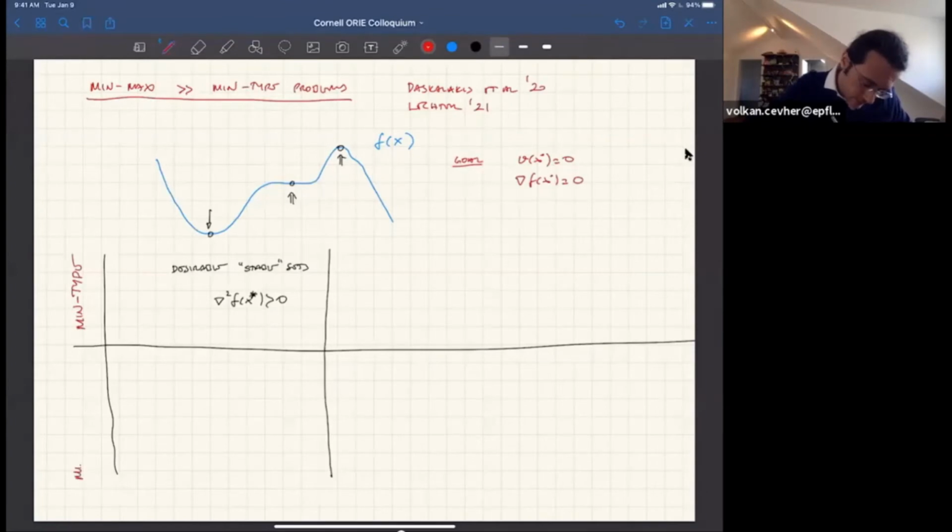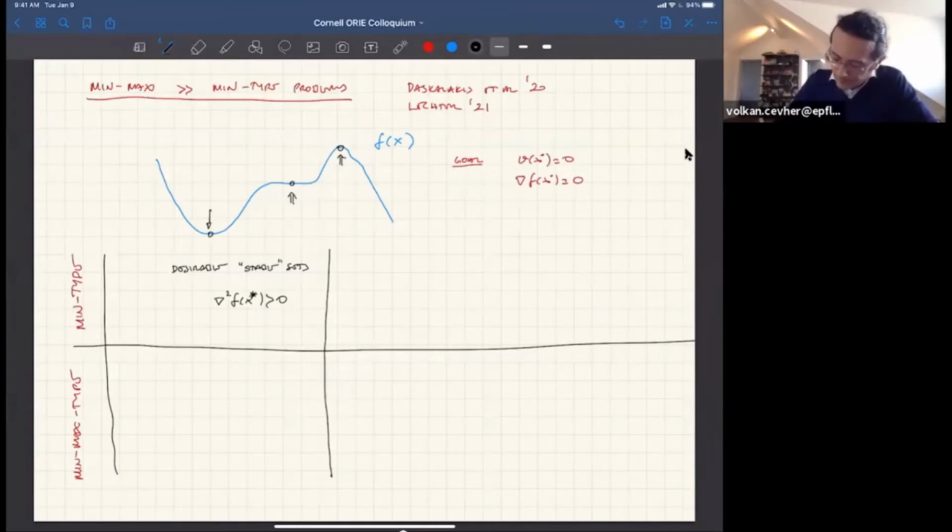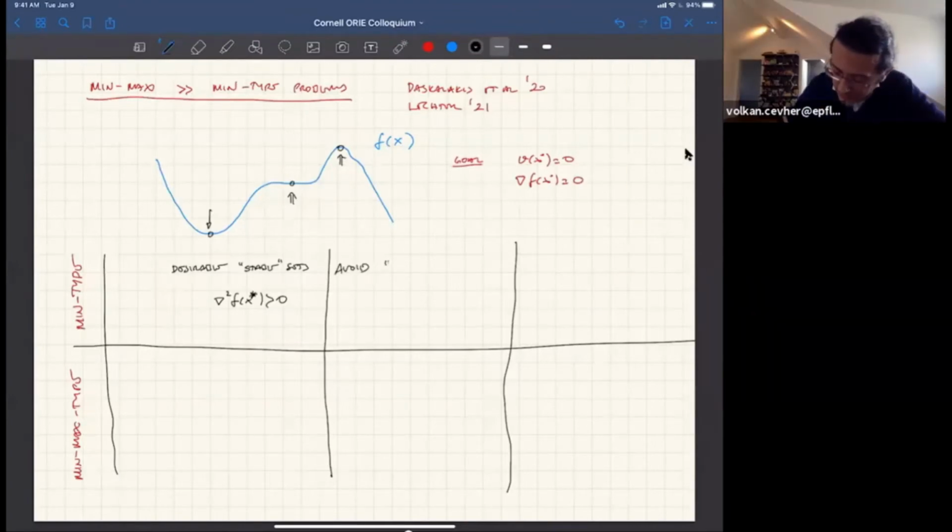This will be our min-max type. Okay. Now, how about these points? In minimization, we would like to get here. What we would like to do is avoid these unstable sets.